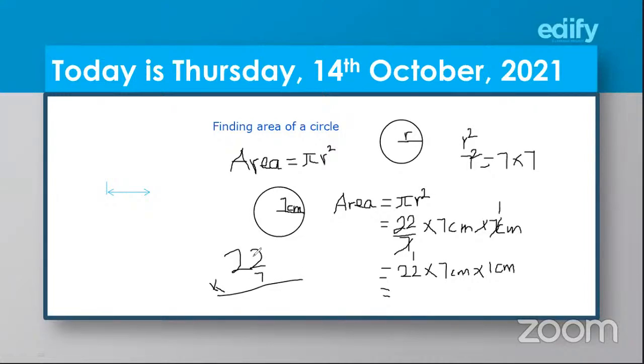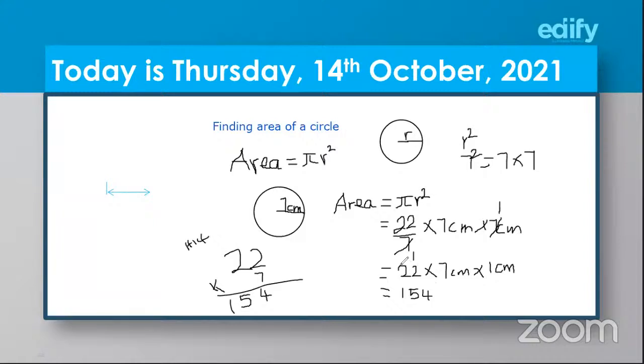7 times 2 equals 14. We write 4 and regroup 1. 7 times 2 equals 14. We add the 1, which becomes 15. So it will be 154. So here is 154 centimeters times 1 centimeter.